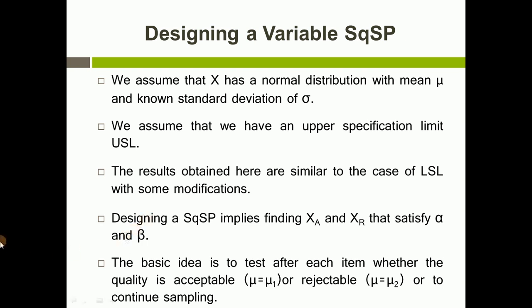Take into consideration that now, since we are working with the normal distribution, we are working in terms of the mu. Here mu represents the average of the quality characteristic of interest.